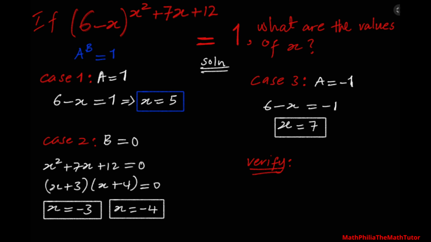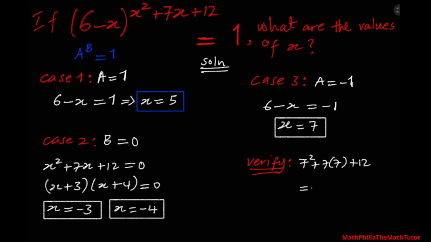Now, for the sake of that, I'm going to use my calculator. Let me write down, instead of x squared, it's going to be 7 squared, because we are substituting. Then 7 times 7 plus 12. Let's see how much this is. 7 squared plus 7 times 7 plus 12.